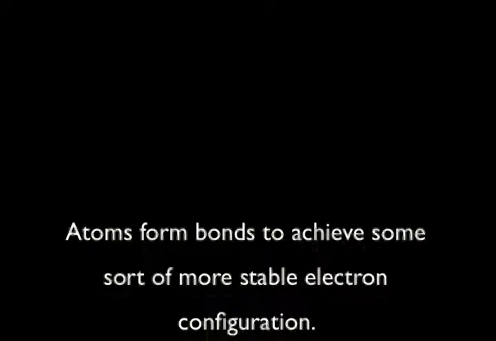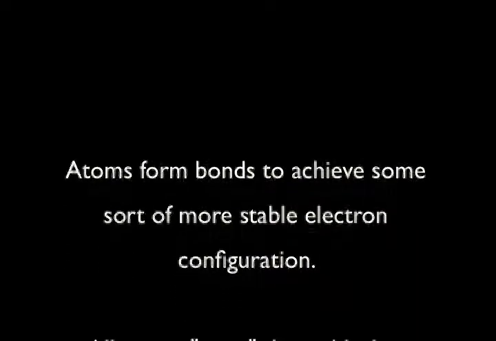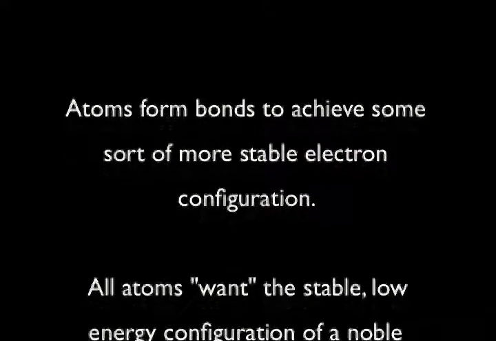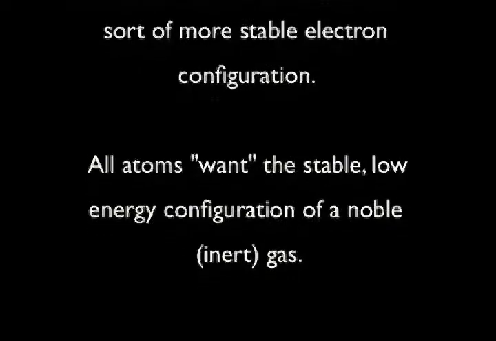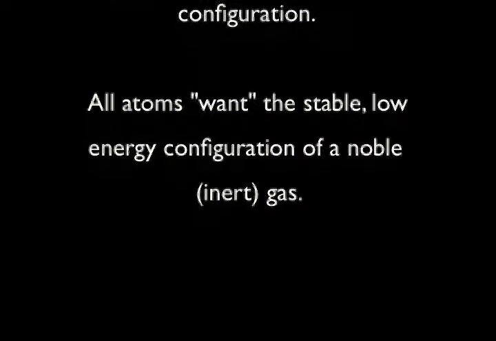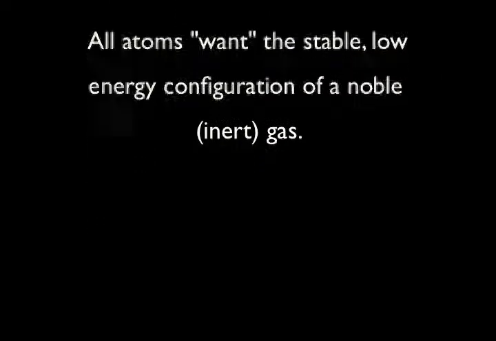Okay, let's turn to chemical bonds. Atoms form bonds to achieve some sort of more stable electron configuration. All atoms want the stable low energy configuration of a noble or inert gas.